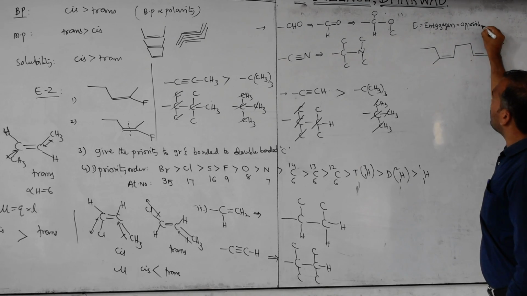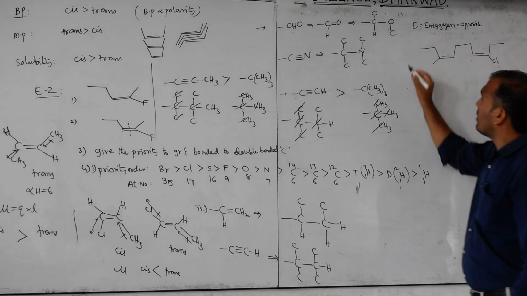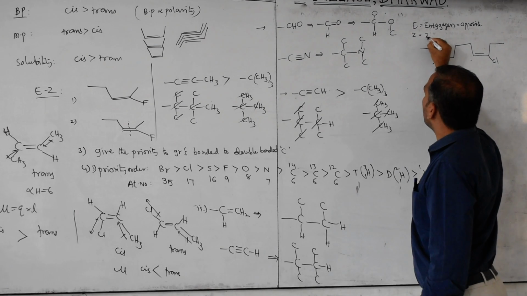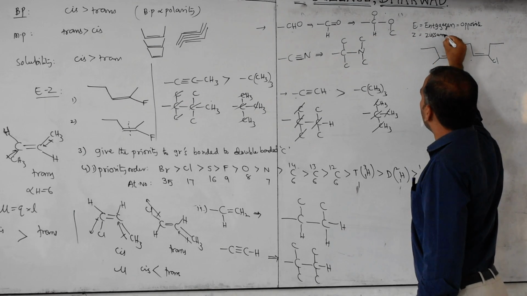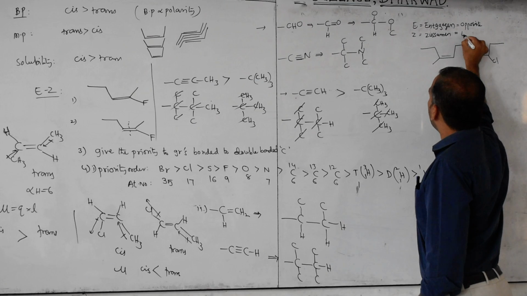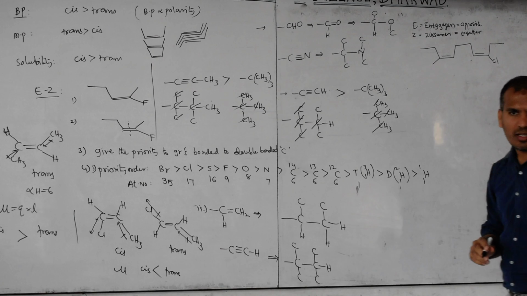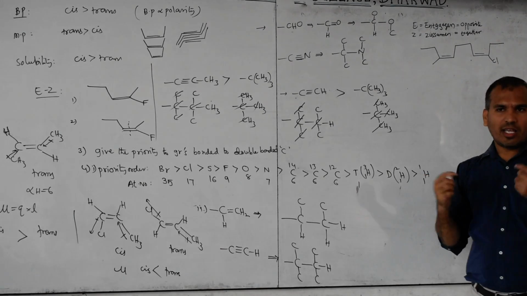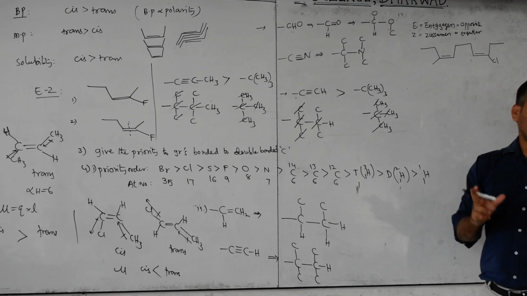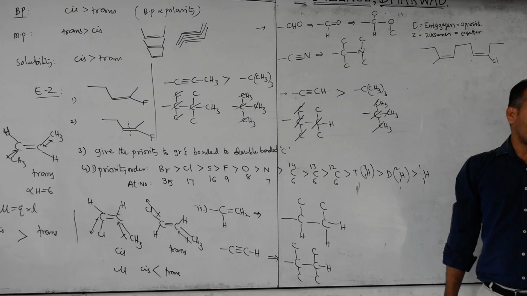Same priority groups should be opposite. Z means what? Zusammen. Its meaning is together. So we are giving this togetherness or oppositeness with respect to first priority.